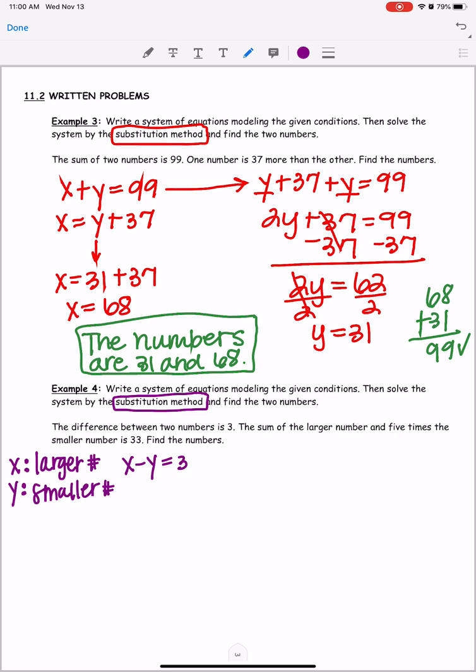So now, the sum means add of the larger number. So I've got x plus, and then 5 times the smaller. So plus 5y is my equal sign 33.